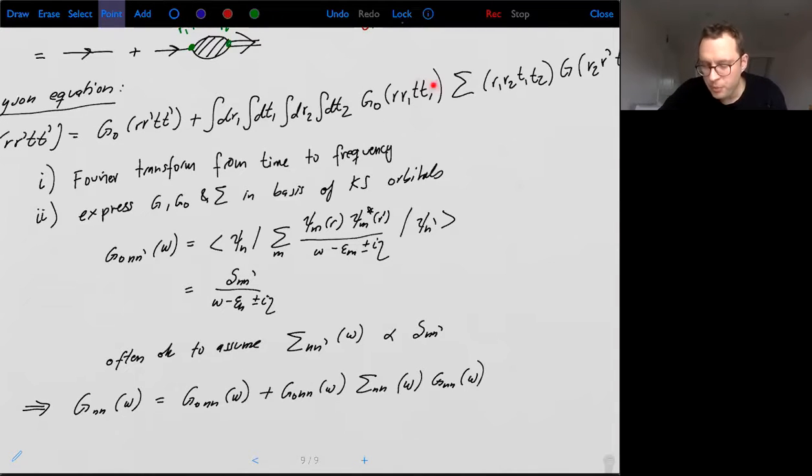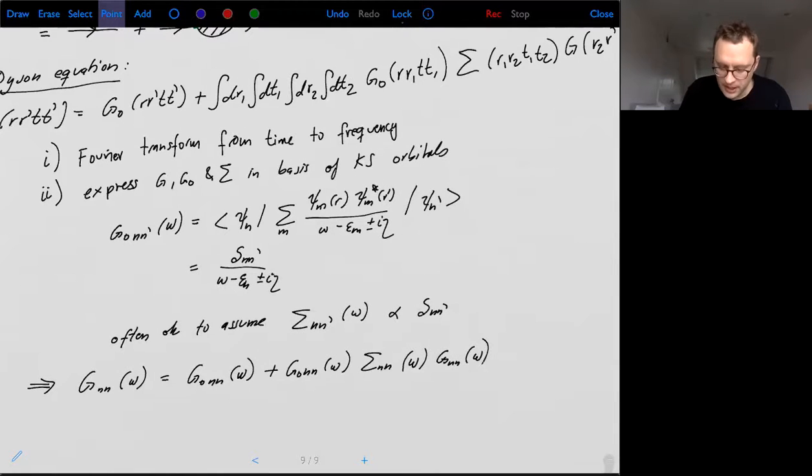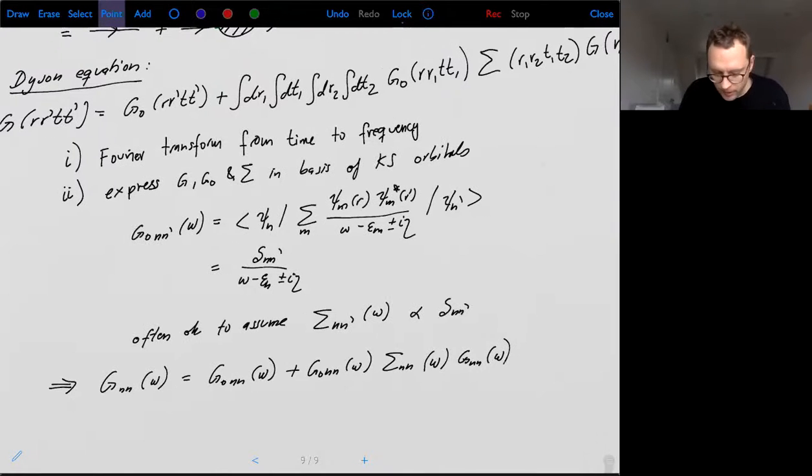You remember that we proved that the Green's function doesn't depend on the two time arguments separately, but only on their difference. So these convolutions in time space turn into products in frequency space, and we get a very simple expression.